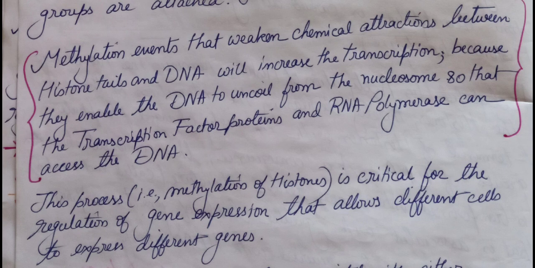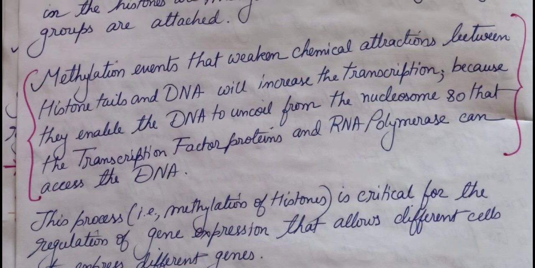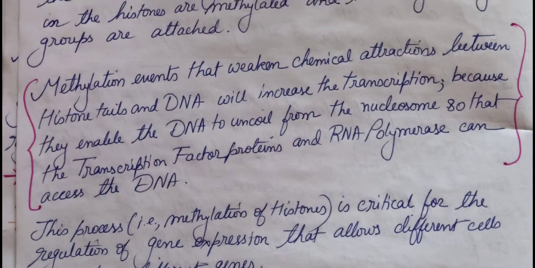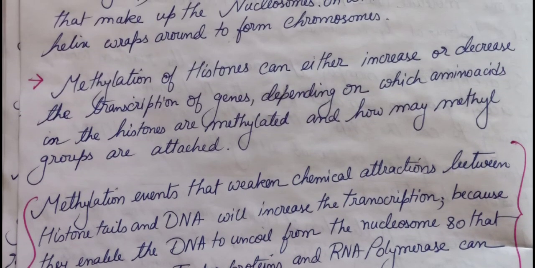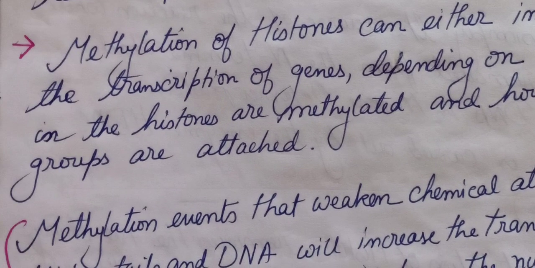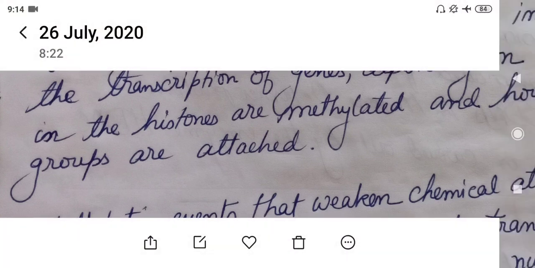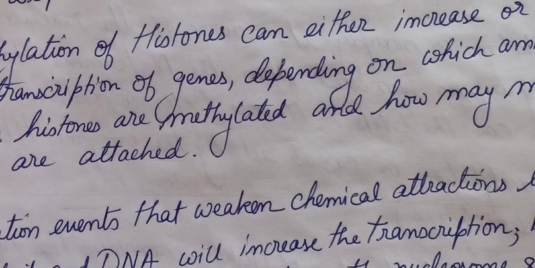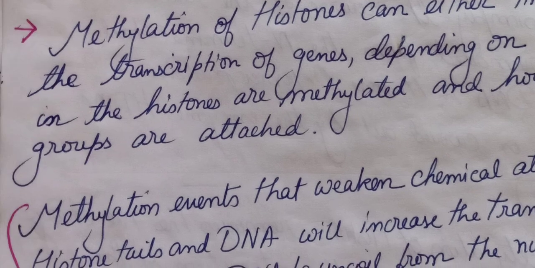Okay, in some events methylation can also cause a high affinity between the histone tails and DNA. In some cases we can see that methylation weakens the chemical attraction between the histone tail and the DNA, depending, as I have already said, on which amino acids in the histones are methylated and how many methyl groups are attached.